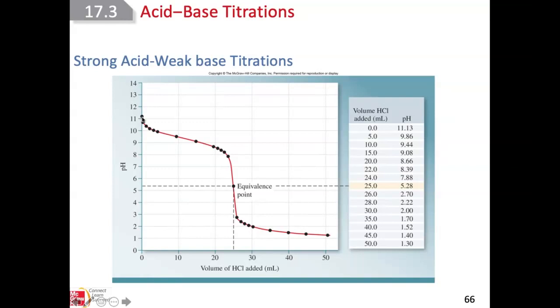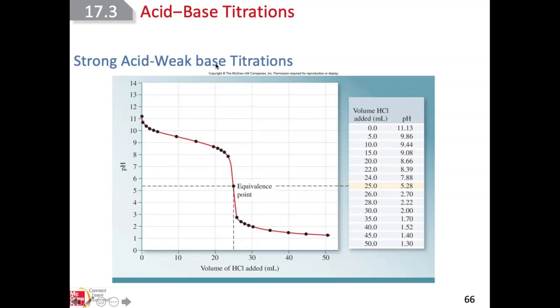So that means in the Erlenmeyer flask or a beaker, you have a base and you're titrating a base with acid. But you have a weak base, because if it was a strong base, it would have a higher pH, about 13.5, about 14 probably.